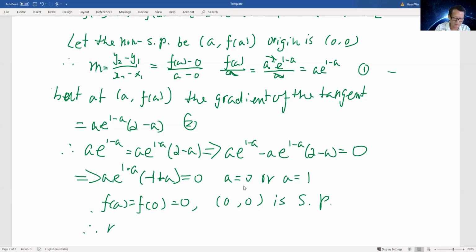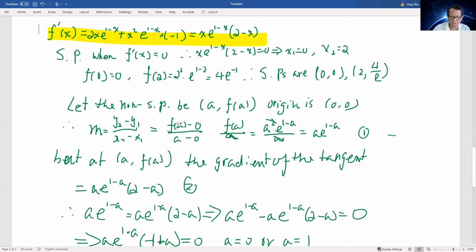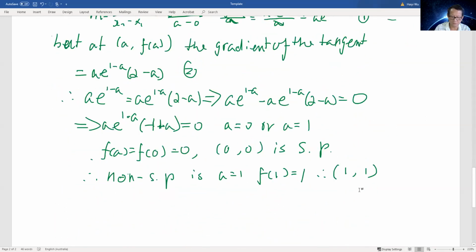So therefore, the non-stationary point is a equal to 1 and f(1), which, substituting in the original equation, is 1 as well. So therefore, the non-stationary point is (1, 1). If you substitute in the original equation, you will find that's the non-stationary point.